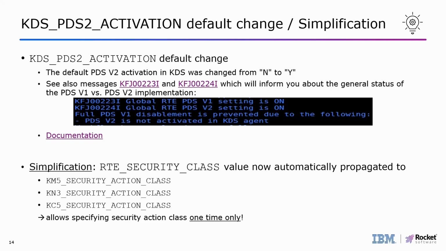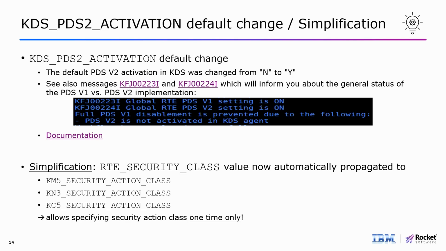There was another small enhancement on the simplification side. If you're using take action, you can secure those for certain agents. So far, there was no link or automatic sync up between the overall RTE security class and those take action classes. By hearing from customers and folks working with customers, that was deemed to be an important enhancement.